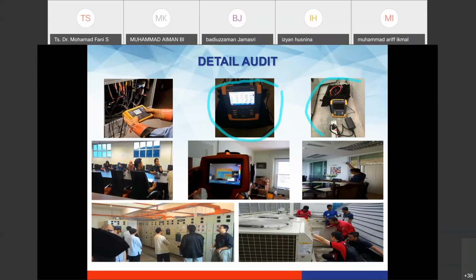Okay, this one is power logger, and basically we use this power logger to measure at least 7 days of energy performance, to record any related information to the energy. For example, maximum demand, energy consumption, okay, and we can get the profile for 7 days.